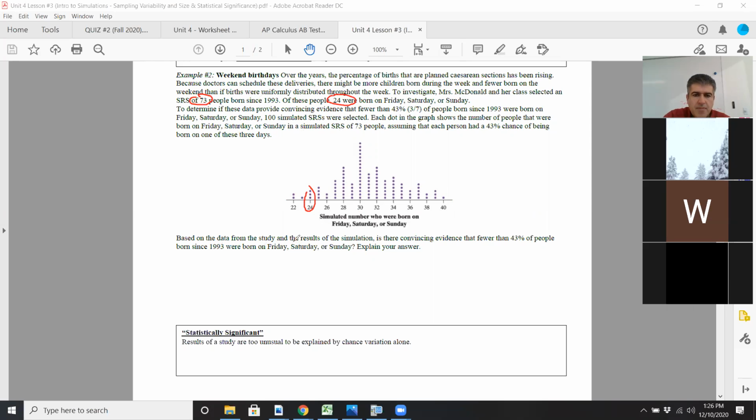So based on data from the study, is there convincing evidence that fewer than 43% of people born since 1993 were born Friday, Saturday, or Sunday? So I would say there is a 6% chance that 24 people or less were born on Friday, Saturday, or Sunday.